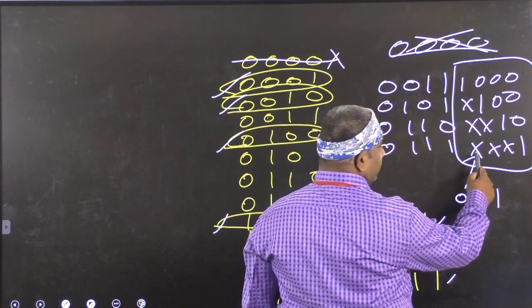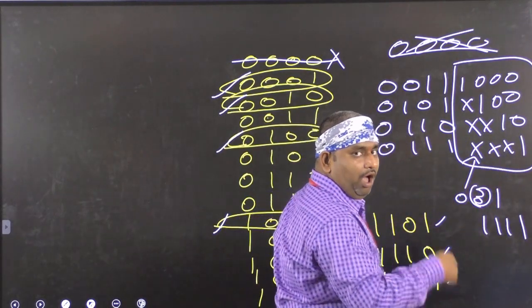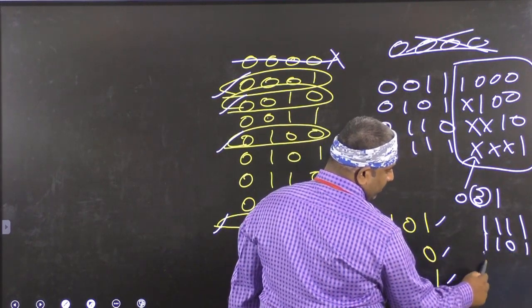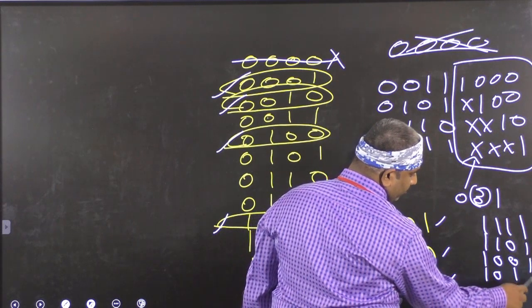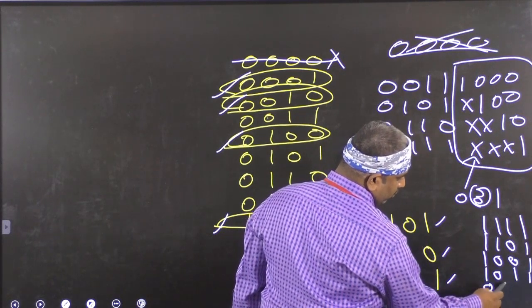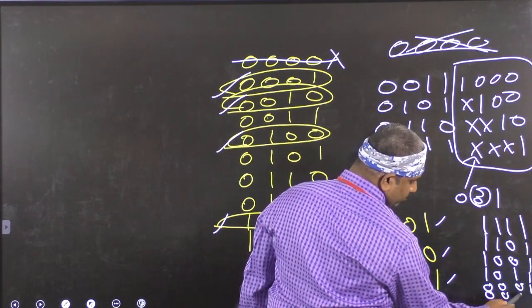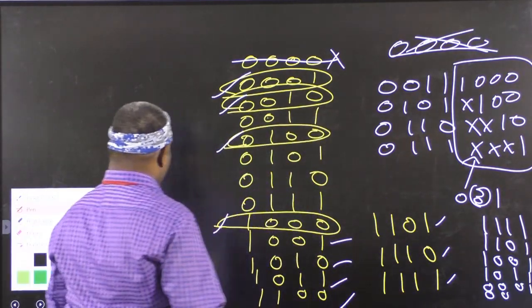That means these combinations may be all ones. This is representing, otherwise 1101, 1001 or 1011 or 0001. Not like this, here I will write again.